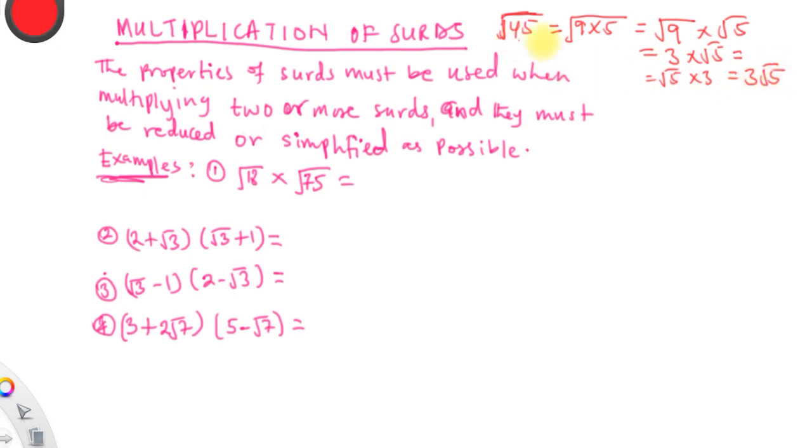So this set has been expressed as a rational multiple because this is a rational number and it is multiplying this set, or irrational number. That is what it means. If you are to express a set as a rational multiple, it means you have to simplify that set, and then you get a rational number outside the square root sign, and the prime number will also be under the square root sign.